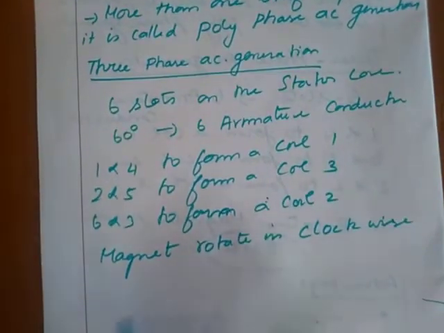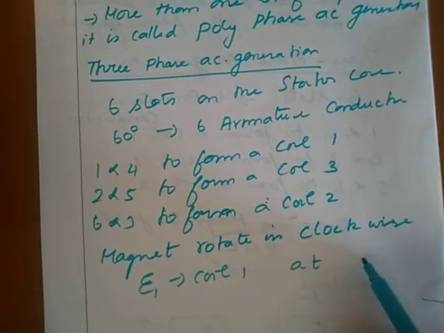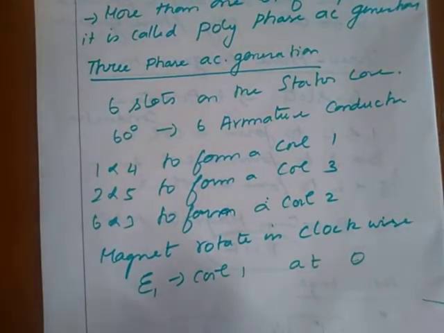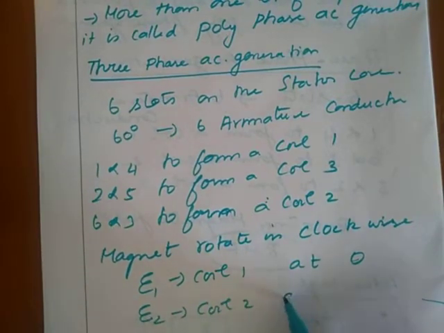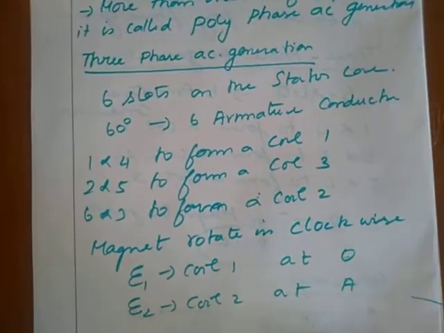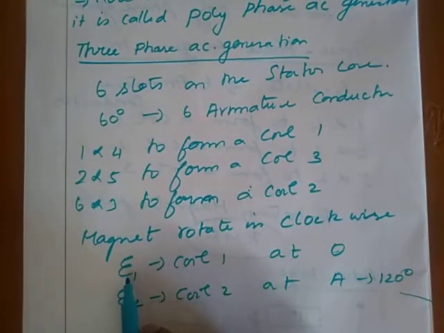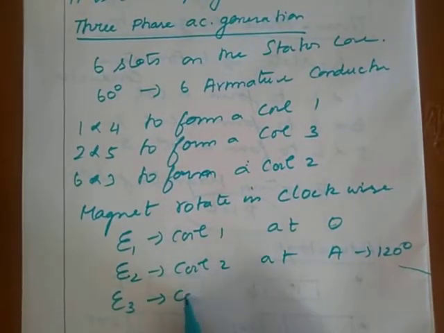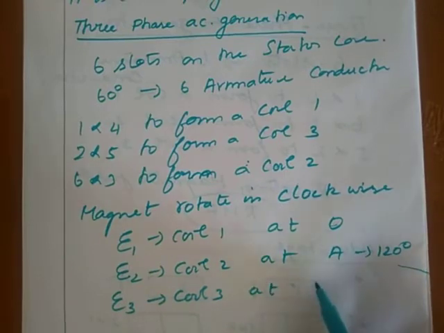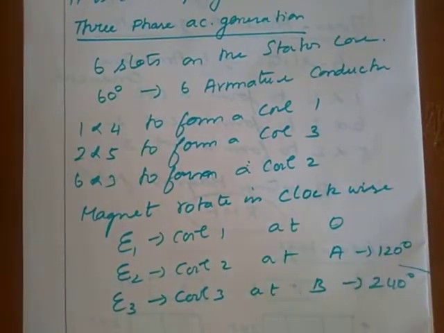At that instant, EMF psi 1 in coil 1 is generated at O. Correspondingly, psi 2 in coil 2 is generated at point A at a phase shift of 120 degrees from coil 1. Then psi 3 is developed in coil 3 at point B at a phase shift of 240 degrees from the initial position.